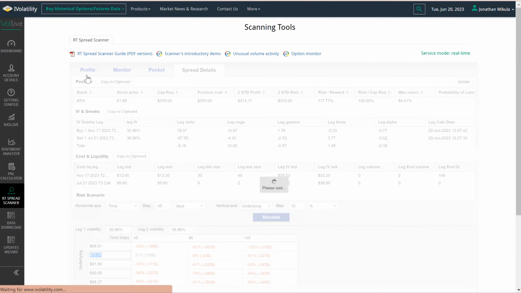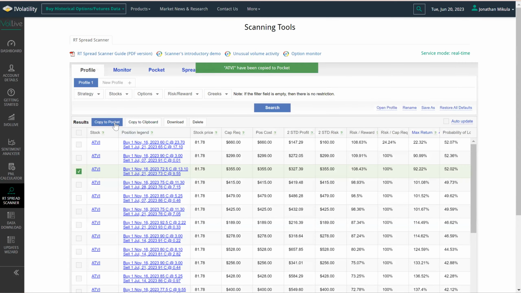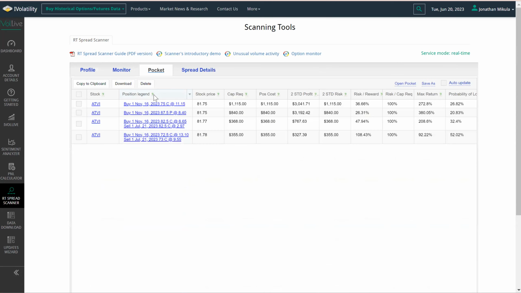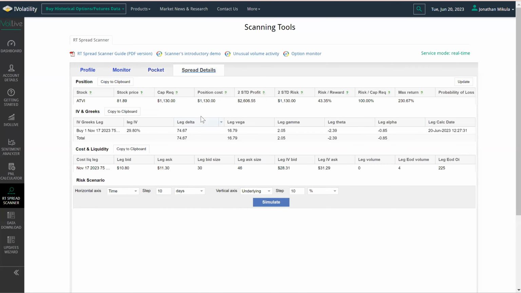And then if I want to do further analysis, again, I copy this to my pocket. And then as you can see, as we've been running through these strategies, we've added 4 interesting trades to our pocket here. So now what do I do with this pocket? Well, you're able to click on the trade and go straight to the spread details and do your little P&L simulation.